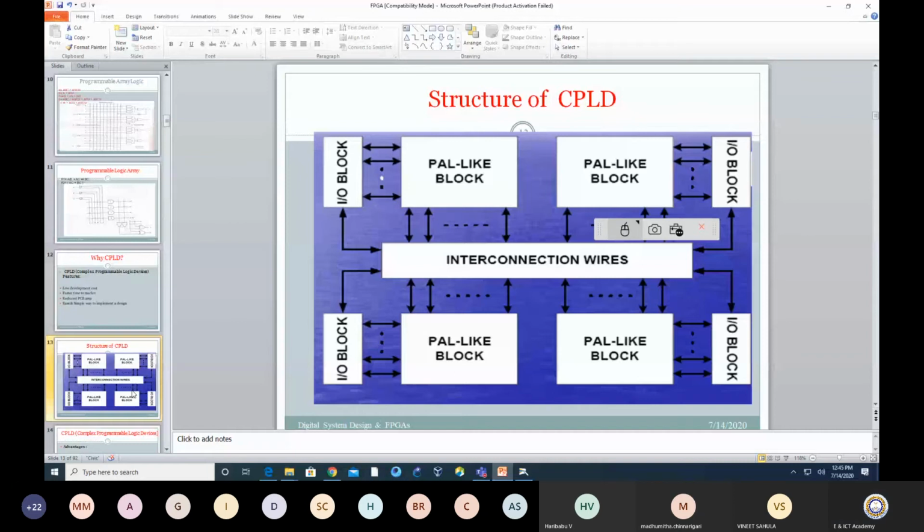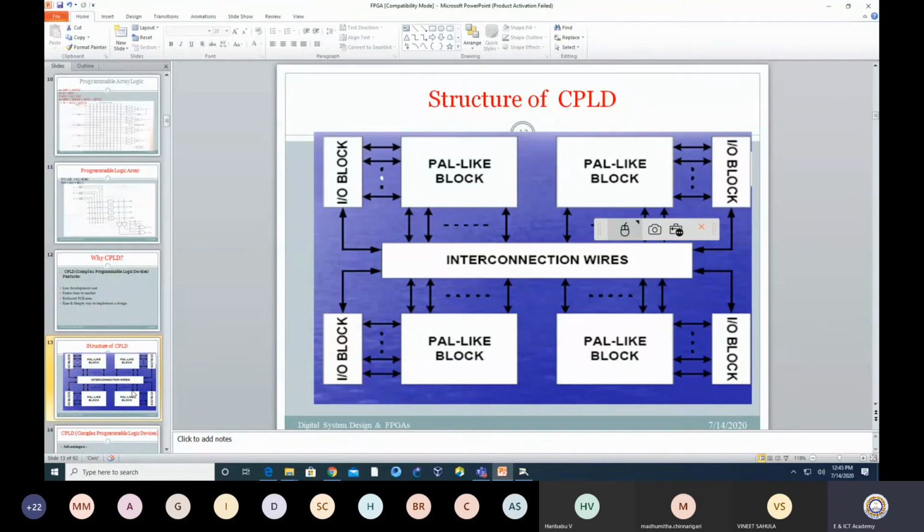Usually the thing with the SOP form, and this PAL is helping me for it. Okay, so here if you observe, you have so many PAL blocks to support complex logic.